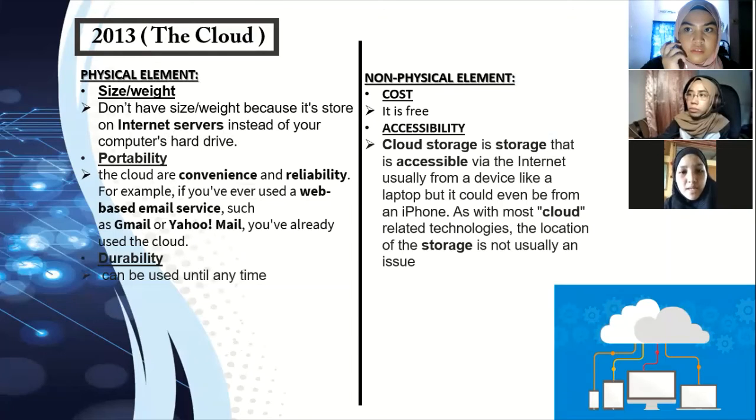Okay, physical element dia, the size, don't have size, because it's stored on internet servers instead of your computer hard drive. Portability, the cloud are convenience and reliability. For example, if you ever use a web-based email service such as Gmail or Yahoo Mail, you are already use the cloud.